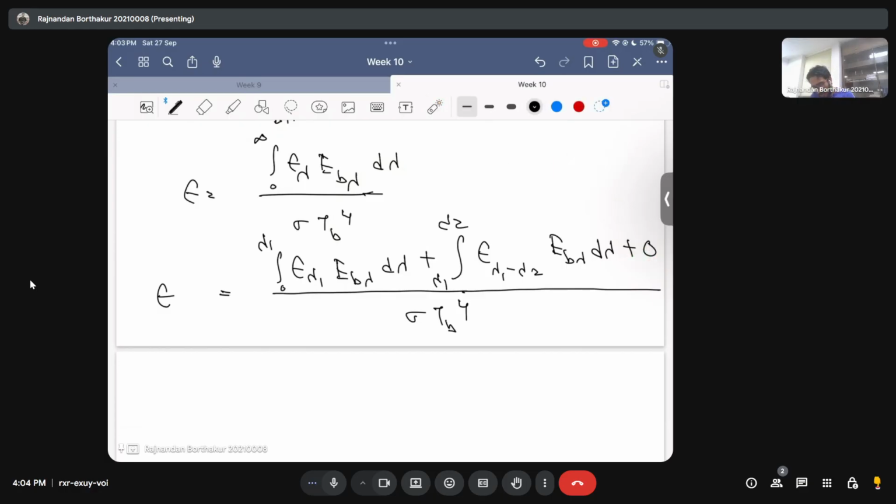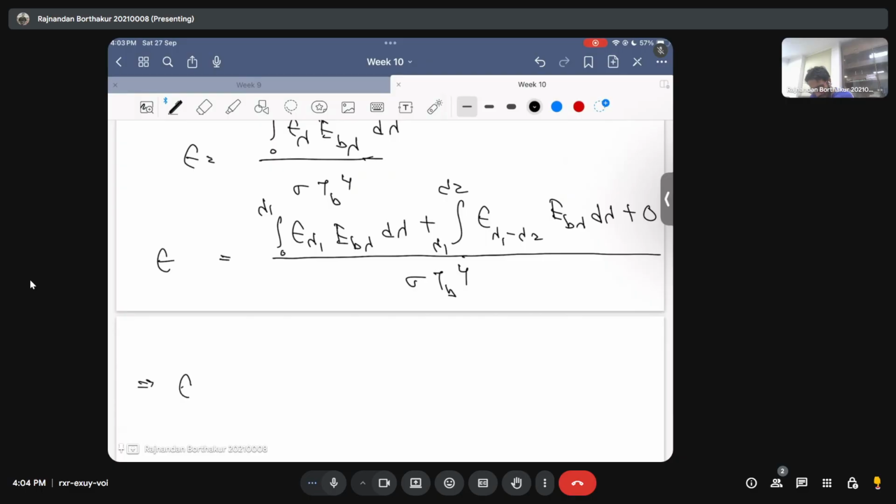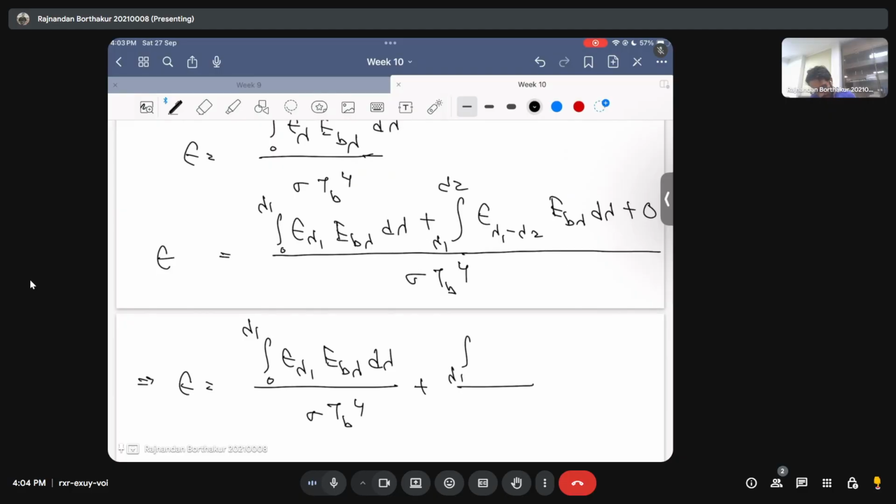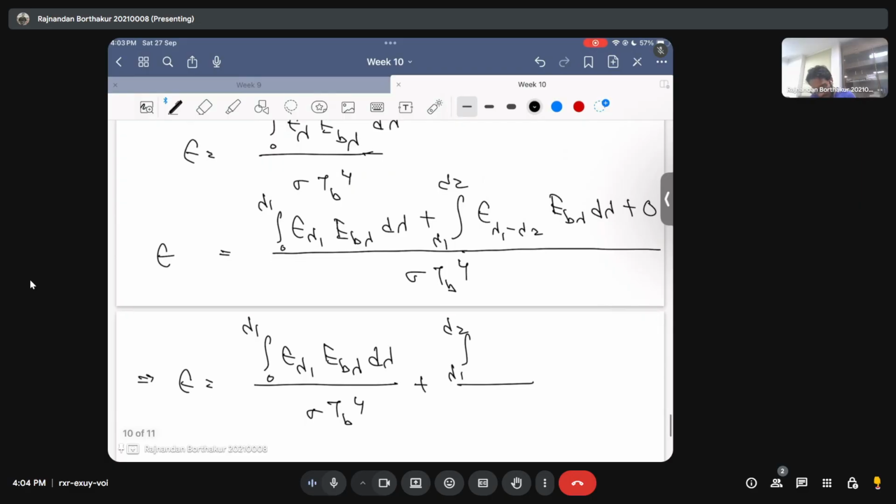So then I can write this epsilon as the integral from 0 to lambda 1 of epsilon lambda 1 E_B lambda d lambda by sigma T_B raised to the power 4, plus the integral from lambda 1 to lambda 2 of epsilon lambda 1 to lambda 2 E_B lambda d lambda by sigma times T_B raised to the power 4.